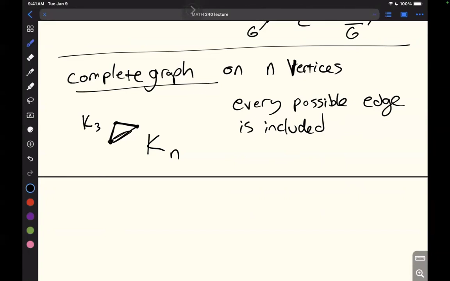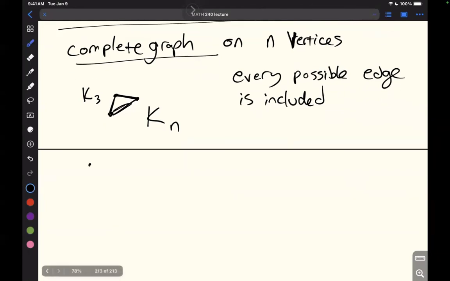The guys who came up with graph theory tended to be around Germany, and so a lot of the notation is also retained from there. Let's look at K4. Not only do we have all those, and then all those, and then that.